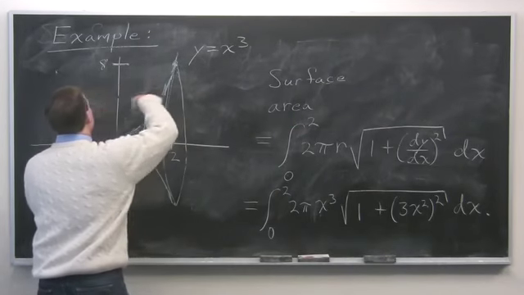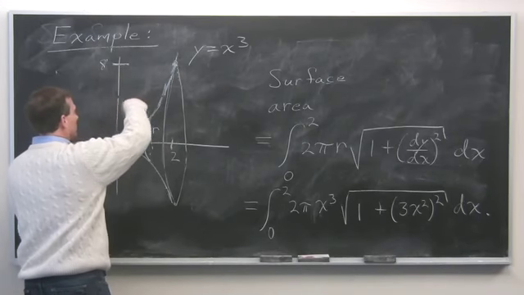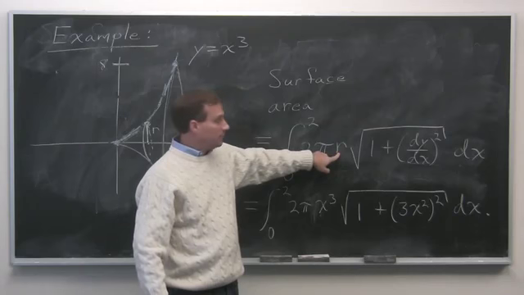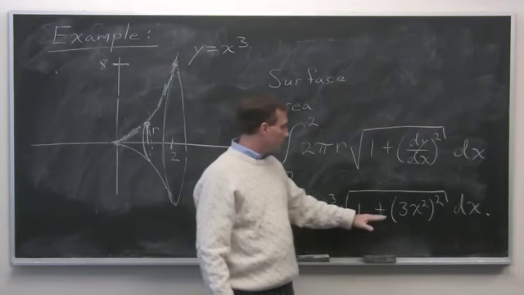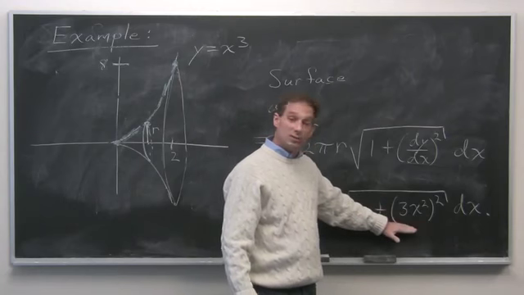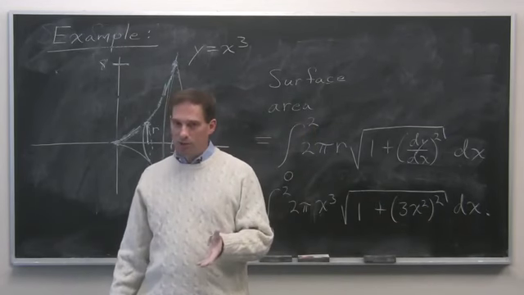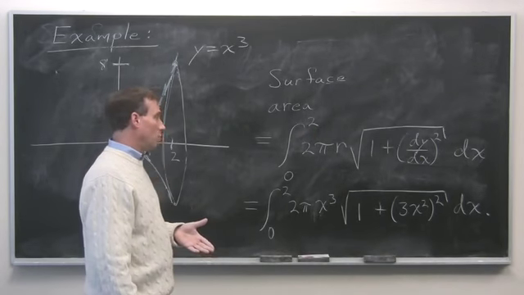Had we rotated this around the y-axis, our radius would just be x. In terms of x, it would just be x. And then we'd have an x there, and we'd have a 1 plus 9x to the fourth here. It wouldn't change this. And then the substitution u equals 1 plus 9x to the fourth doesn't help much.